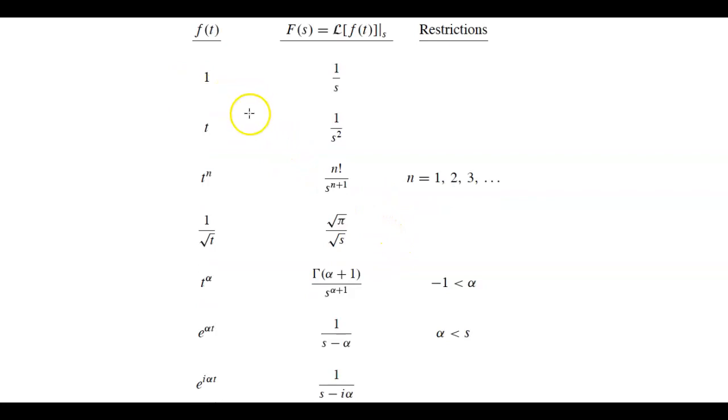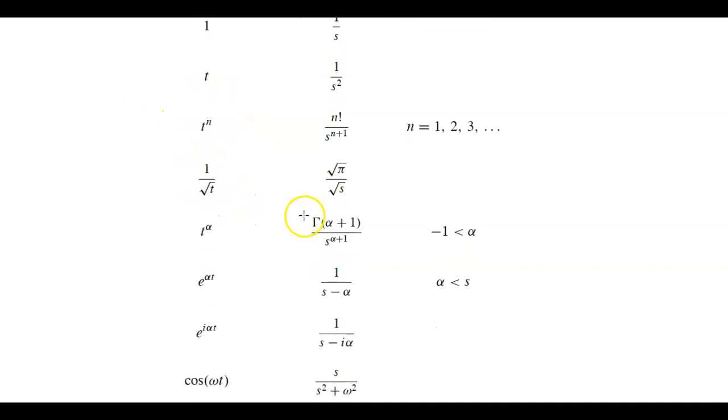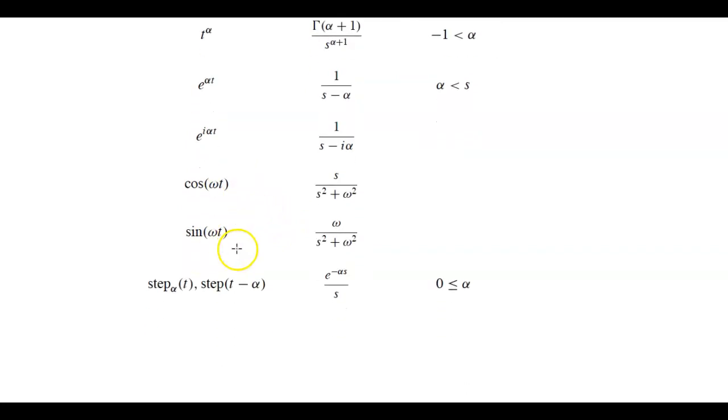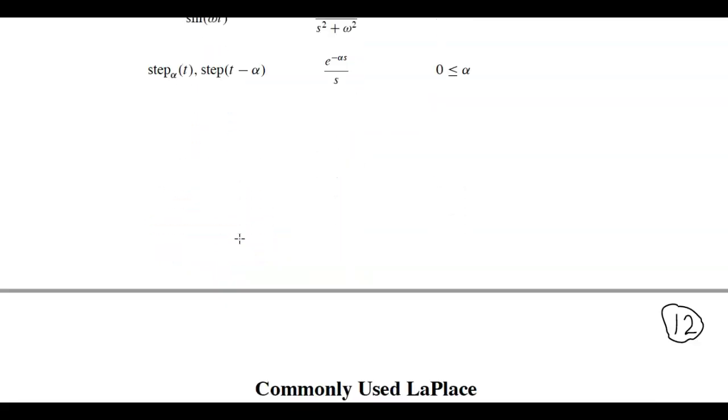So of course we have all the basic ones: 1, t, t raised to the n, 1 over square root of t, t raised to the alpha, where alpha is just any real number greater than -1. You have your exponentials, cosine and sine, your step function and your step function with a time shift.